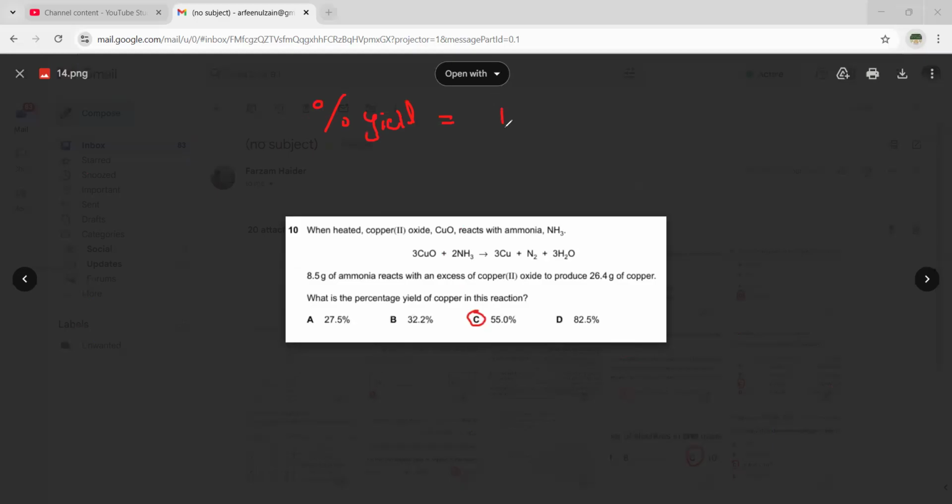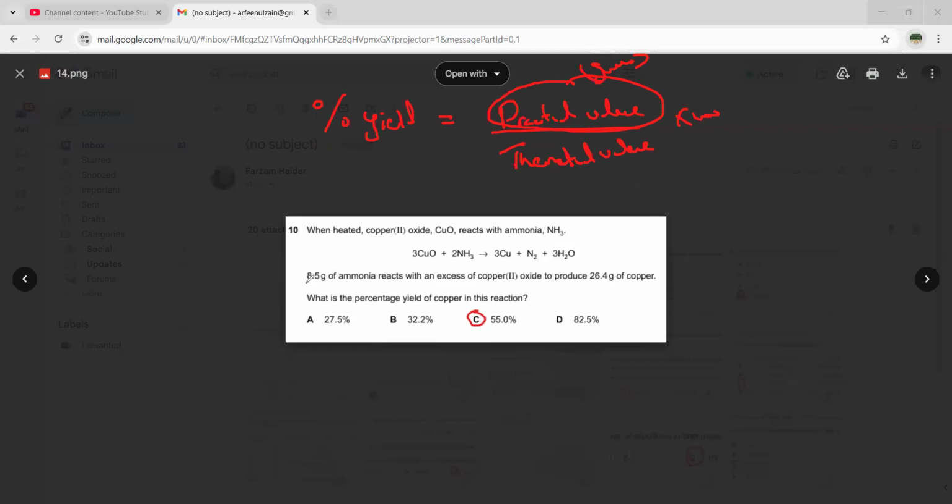So percentage yield is the practical value of the product divided by the theoretical value of the product times 100. This practical value will always be given to you in the exam because you're not doing the experiment. If you're not doing the experiment, you cannot have the practical value. So the practical value will always be given in the question.